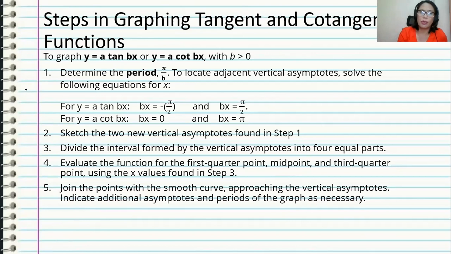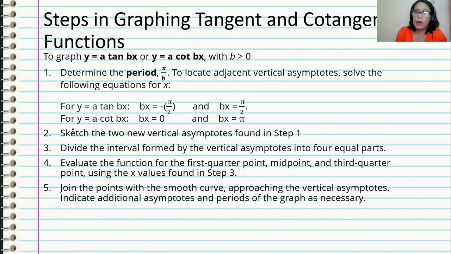For y equals a tangent bx, the vertical asymptotes are bx equals negative pi over 2, and then the other vertical asymptote, bx equals pi over 2. If you notice, from negative pi over 2 until pi over 2, the distance is pi, which is equivalent to the period of the tangent and cotangent functions.